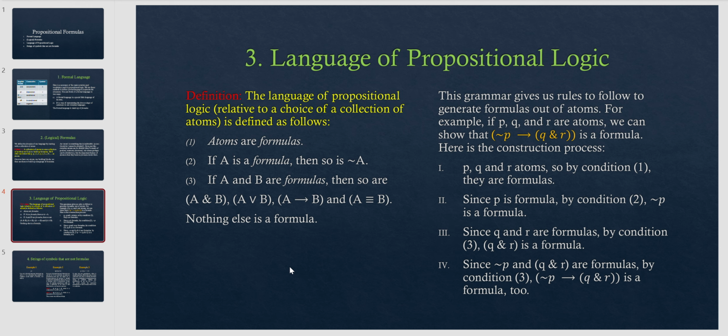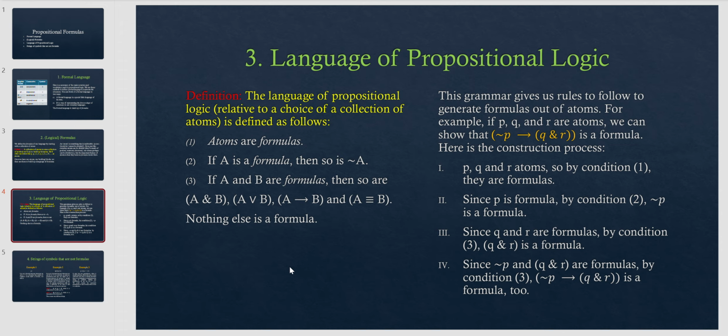Second, if A is a formula, then so is negation A. Third, if A and B are formulas, then so are A and B, A or B, if A then B, and A if and only if B. Nothing else is a formula.